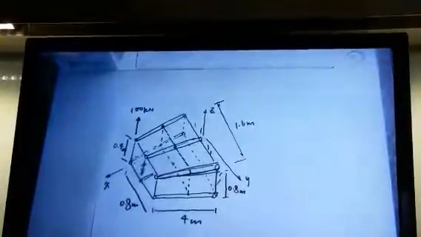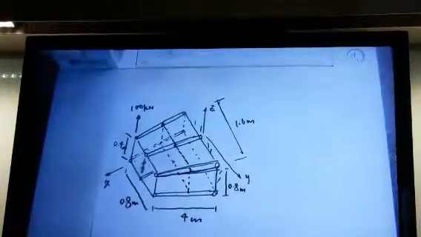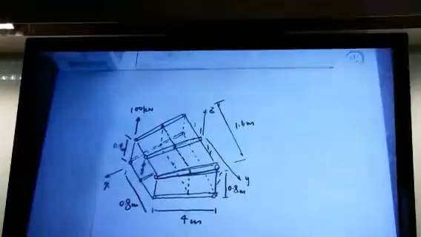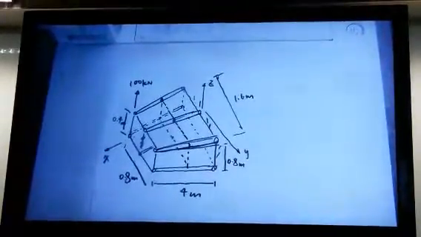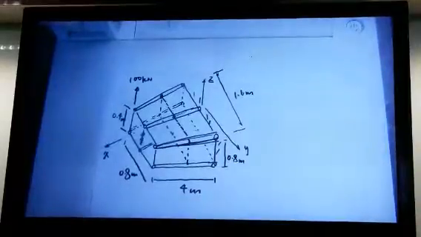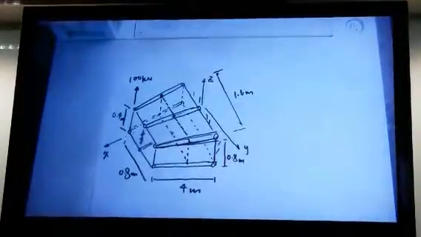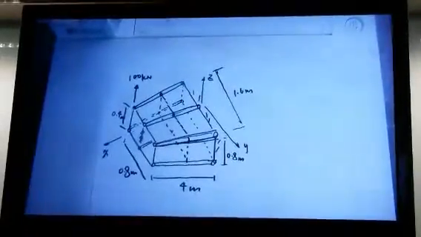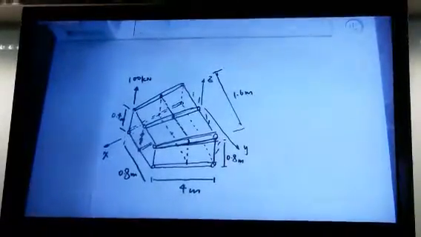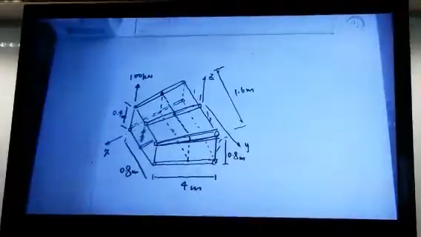This wing structure is tapered. It's not uniform. Each cross-section is not uniform, right? The area is decreasing from this end to this end. So I'm asking you to calculate the shear flow here, here, in the skin, and the direct stress in these 6 boom areas.